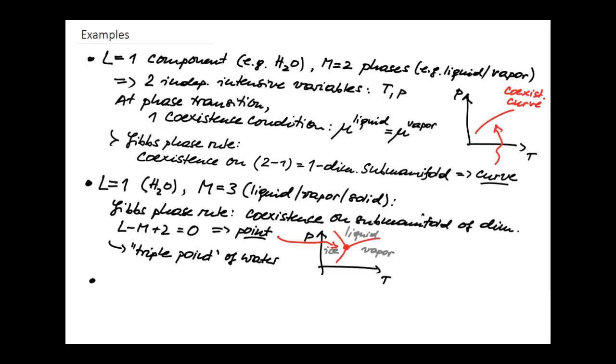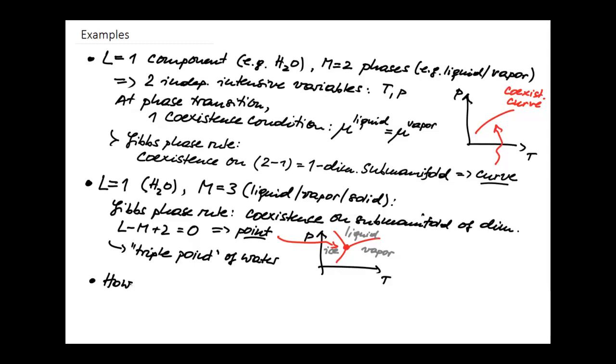You can use the Gibbs phase rule to answer questions like the following. You can ask the question, how many phases can coexist at most for a mixture of two components? So say you have two substances that you mix, I don't know, alcohol and water or something else.